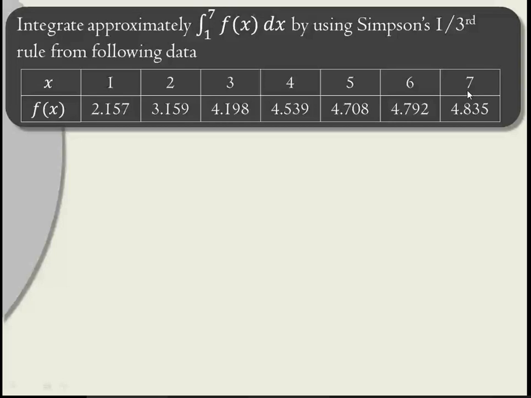For statistics we take the total number of terms as n, but for numerical methods we take the total number of terms minus 1 as n, because calculations start with x0, x1, x2. These are the values of y: y0, y1, y2, y3, y4, y5, and the last term is y6. So use the one-third rule.